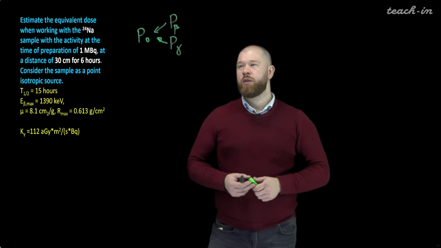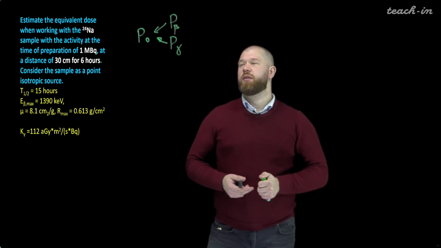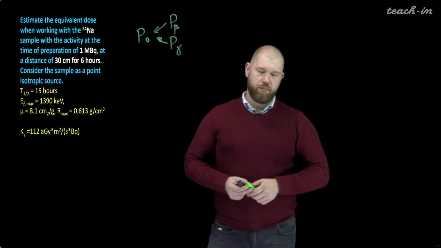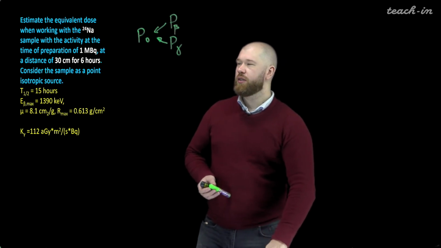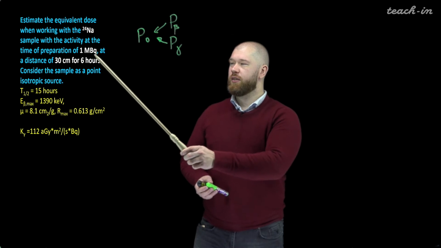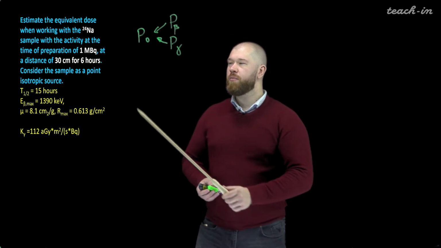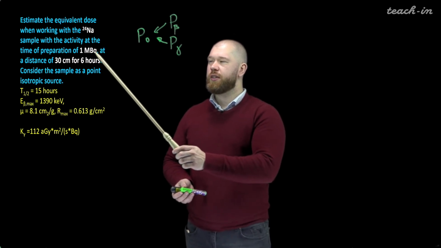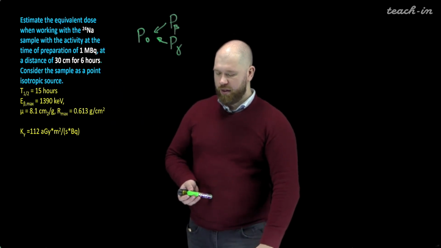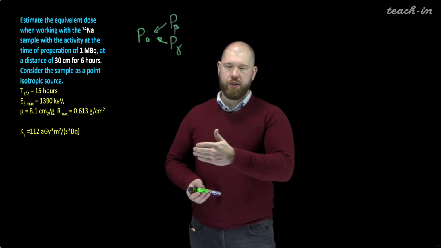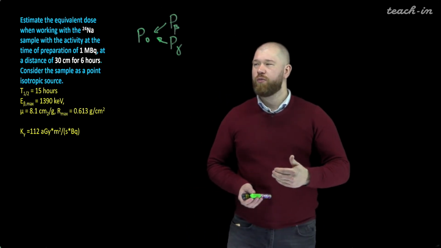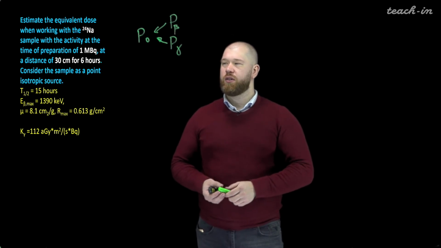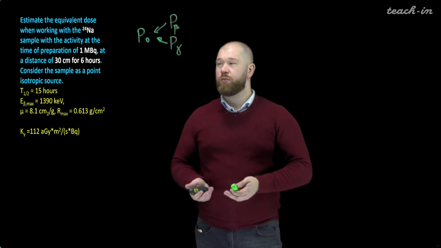If we estimate the dose rate only with the activity at the initial time, 1 megabecquerel, we don't assume the decay of sodium-24, and we will overestimate the equivalent dose from this source.